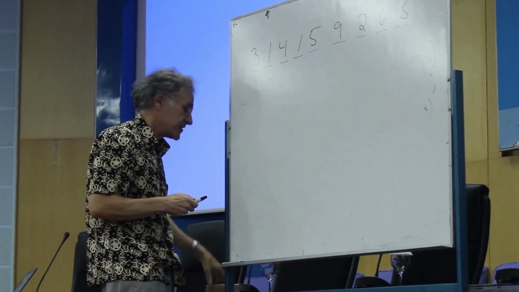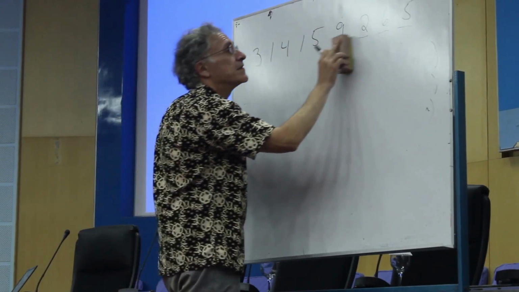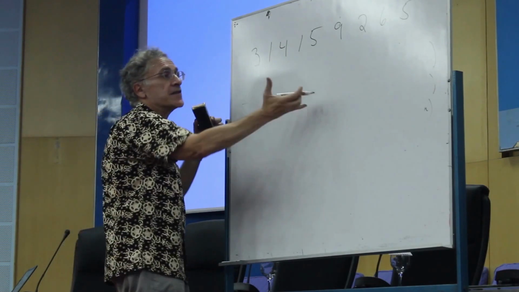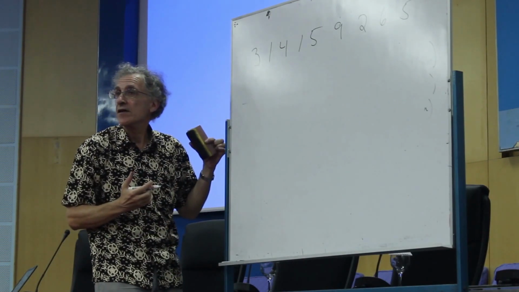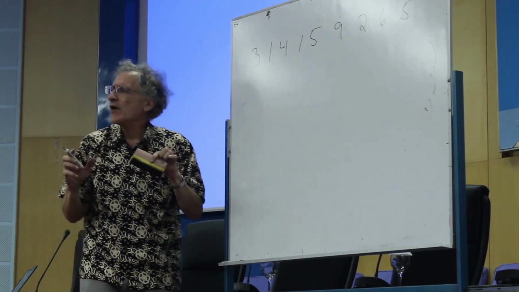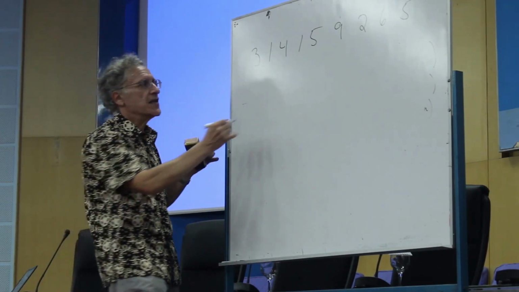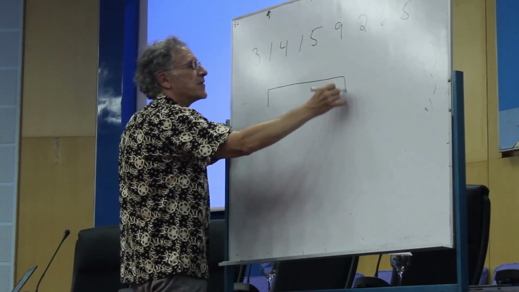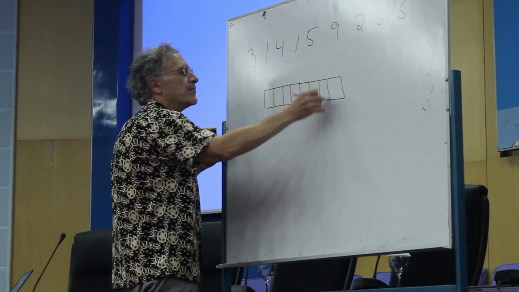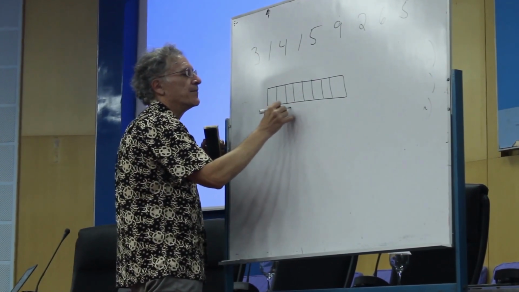Binary trees. Again, same numbers. Now I will insert these numbers into a different data structure. Here is an empty binary tree. Oh, before I finish that, one more thing about heaps. Do you actually represent them as trees? And the answer is no. You can actually represent a heap in an array, starting at location 1.